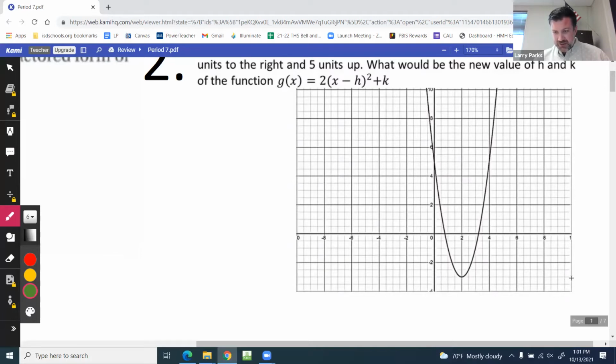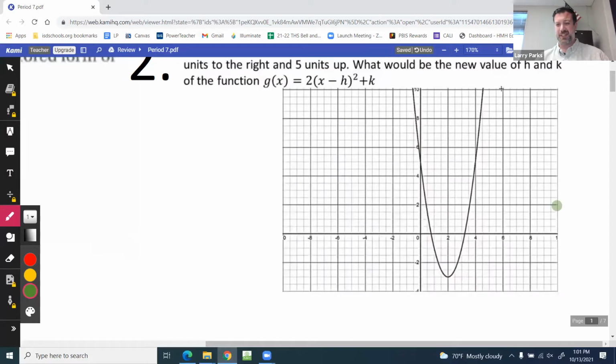So 7 units to the right, and then 5 units up. The new vertex would be right there. And if I wanted to draw the graph, it would look kind of like this. Ooh, that doesn't look very good. Obviously, these are not the same exact shape. I free-handed it.